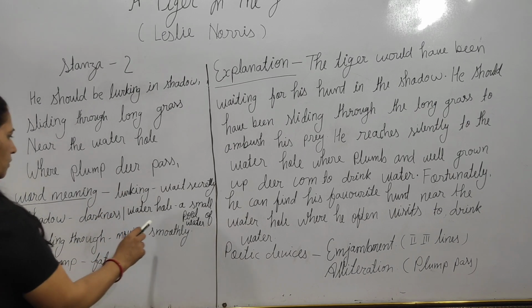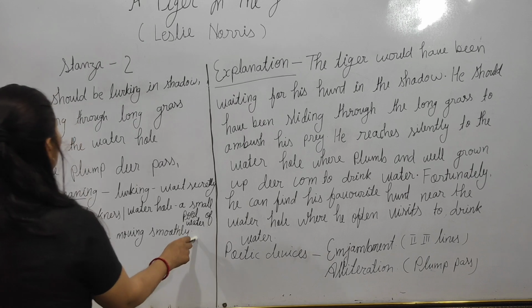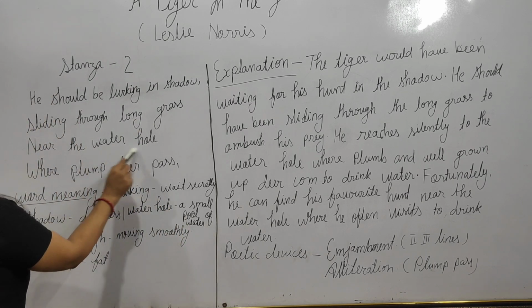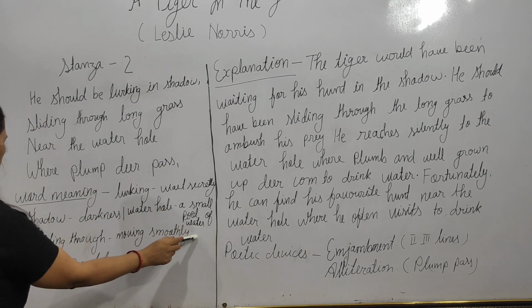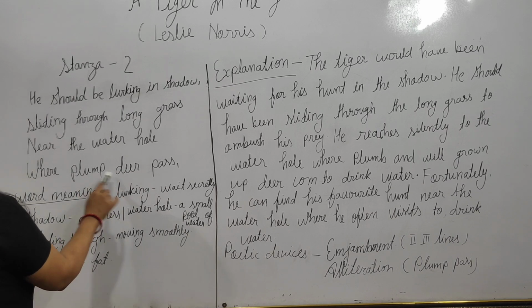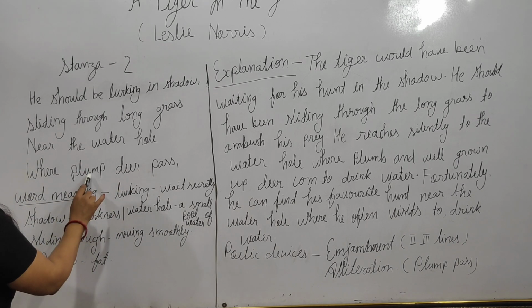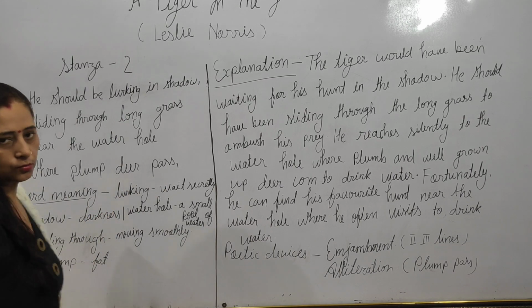Water hole means a small pool of water. Plump means fat. Plump deer pass means plump, fat deer go through.